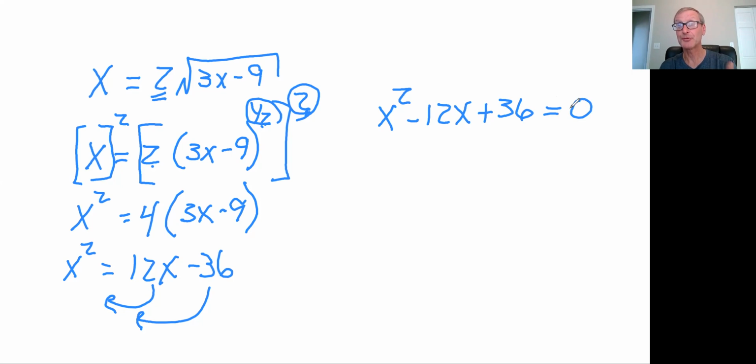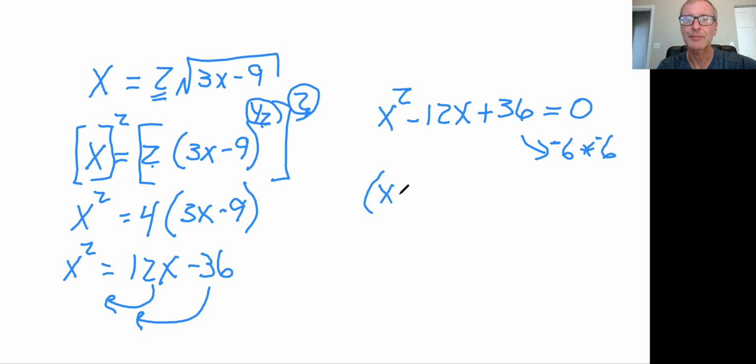Again, you could use the quadratic formula, but we're in a math class, and most of these are factorable, you'll see. You can see that here, 6 times 6 gives us 36, but minus 6 times minus 6 is still 36, and when you add those together, you get minus 12.